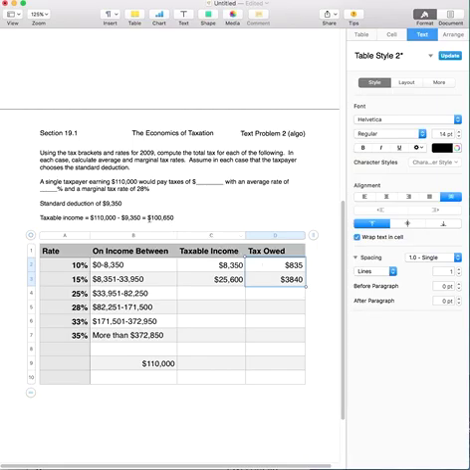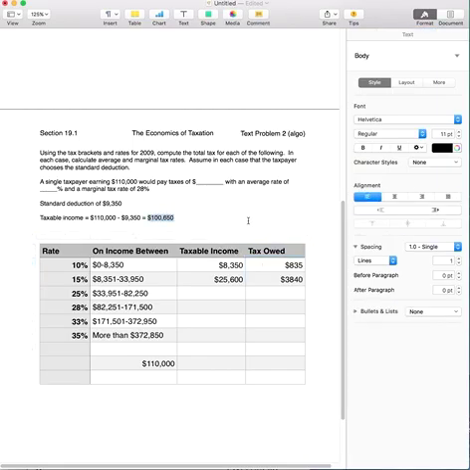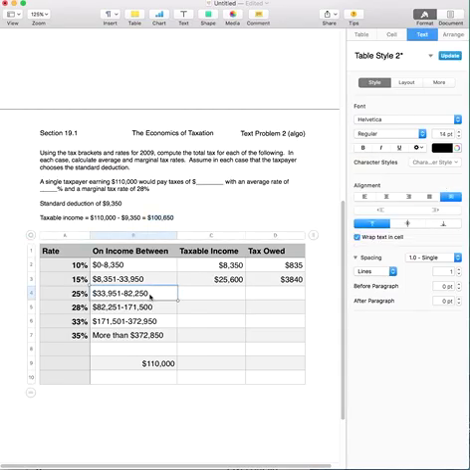So we keep going. We see that we have taxable income of $100,650, which is greater than this $82,250. So what we end up doing is we subtract this $33,950 off of $82,250, and that gives us $48,300.